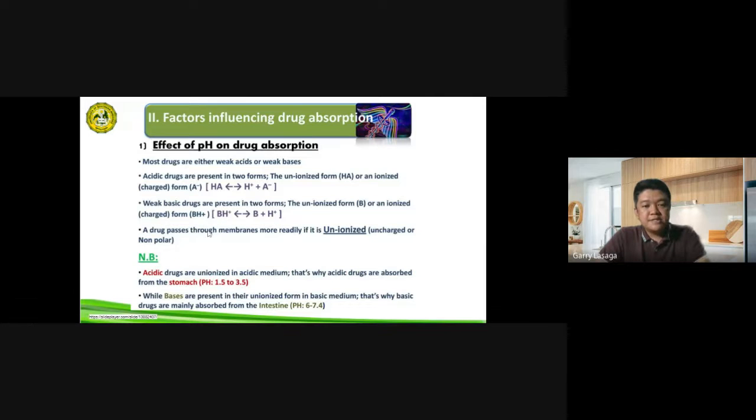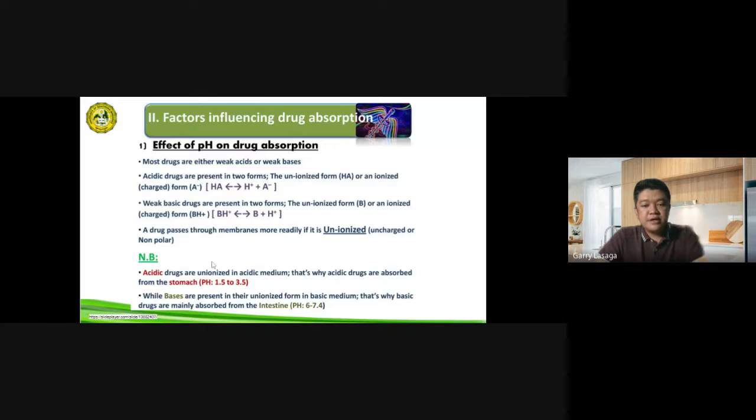So a drug passes through membranes more readily in its unionized or uncharged or nonpolar form. So only those drugs that are unionized, meaning those drug components that are not charged or nonpolar, will be able to cross the membranes. So for the acidic drugs, they are unionized in the acidic medium.